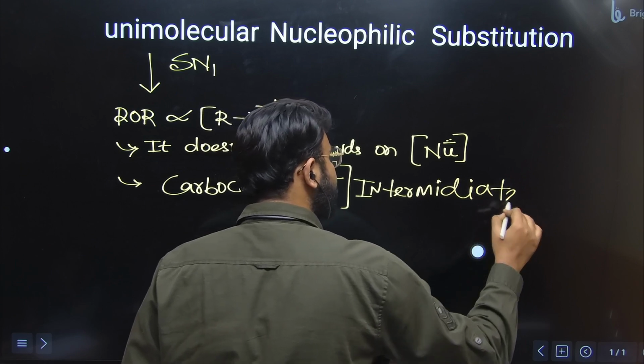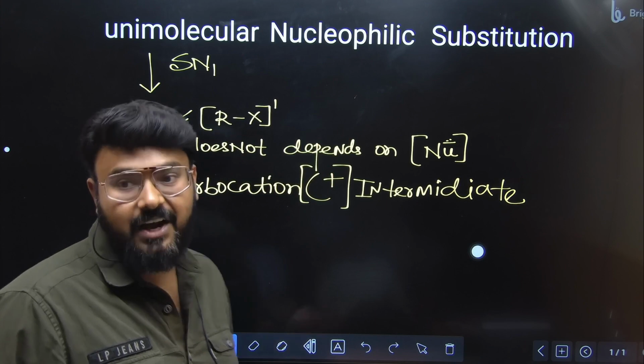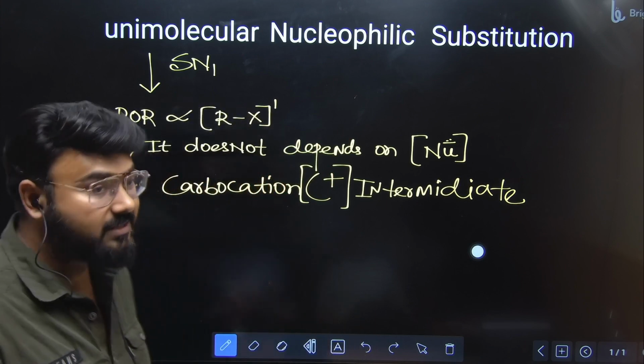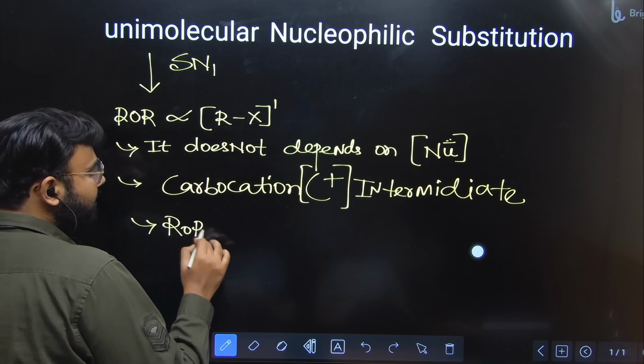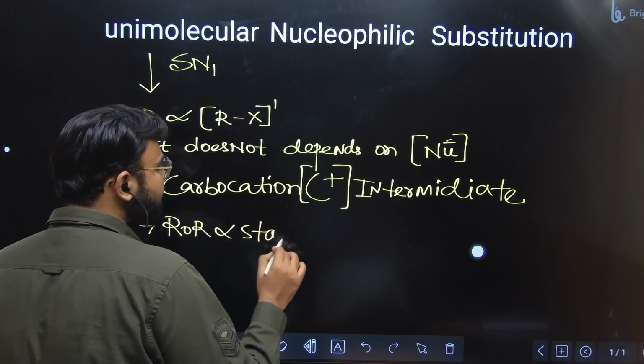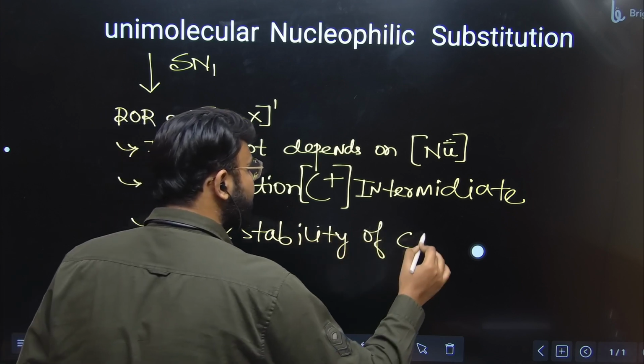So my dear students, take a note of this. If there is a carbocation intermediate, the rate of reaction is directly proportional to the stability of this intermediate.